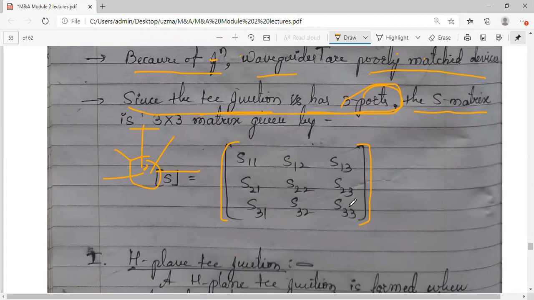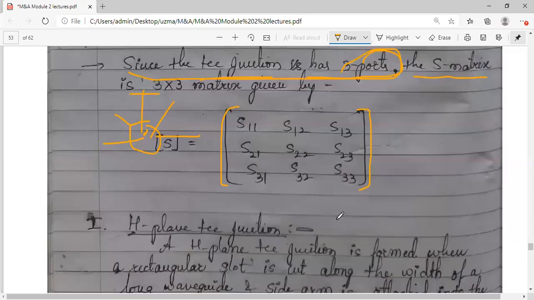In the initial introduction, I showed you, using the analogy of a water pipeline, how it is a combiner or a splitter. Mathematically we should prove it, so let me start with the first structure, the H-plane T junction.